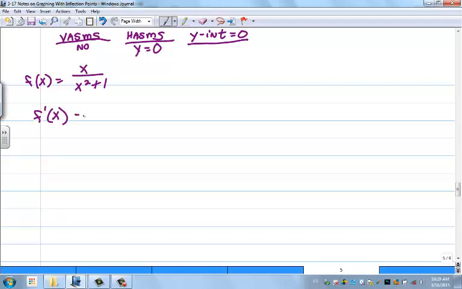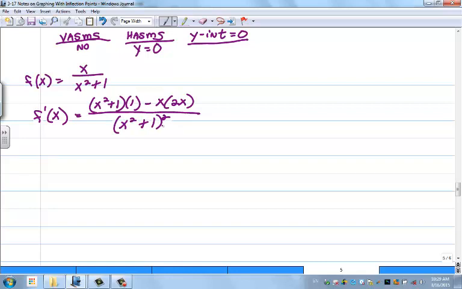F prime of x is equal to the bottom, x squared plus 1. Remember, we've got to do a quotient rule. Times the derivative of the top, 1, minus the top, x, times the derivative of the bottom, 2x, all over the bottom squared, x squared plus 1 squared.